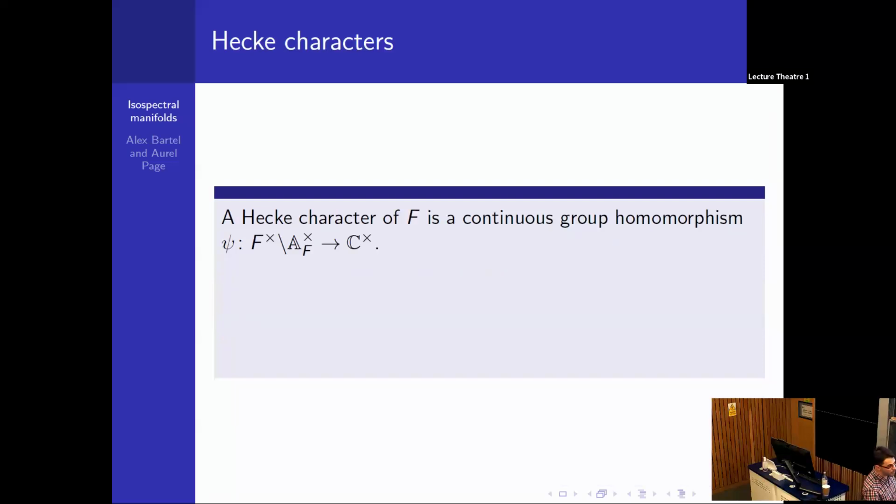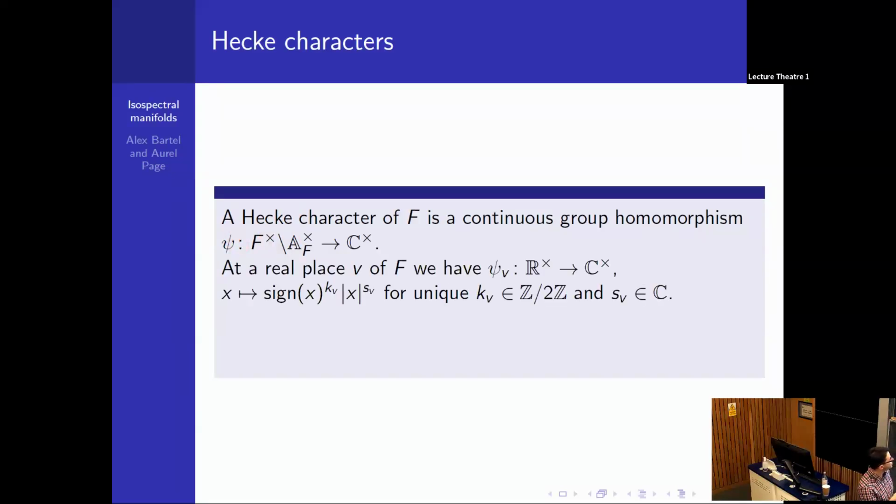Okay, a little bit more setup. I'll just remind you, a Hecke character is a continuous group homomorphism from this quotient, so you go from the adeles to C cross, but you demand that it be trivial on the global points. And again, don't worry about it too much because I can describe this to you very explicitly.